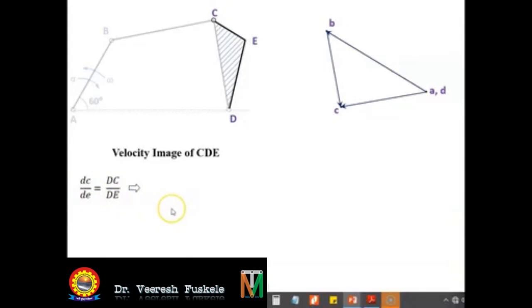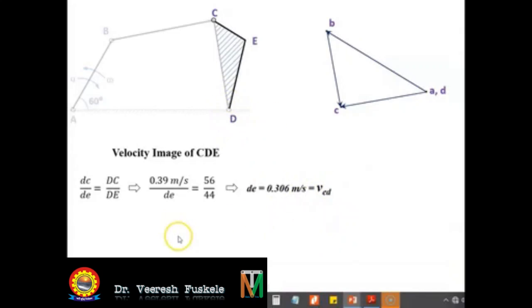By this we have already found out DC as 0.39, the velocity of DC is 0.39 meter per second. So this will give us the length of the links DC is 56 and DE is 44. This will give us DE as 0.306 meter per second.